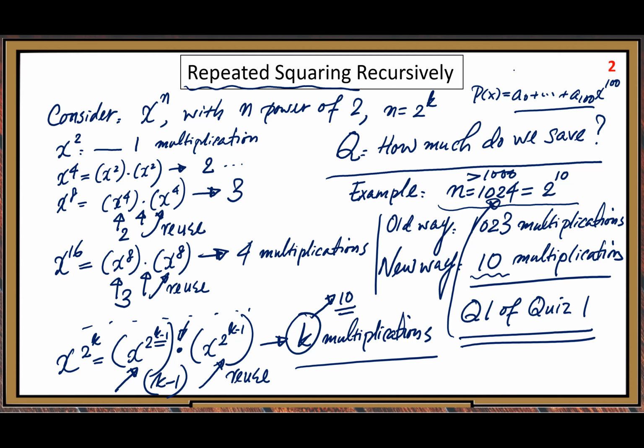That degree is only 100, much lower than 1000, but this polynomial needs 100 multiplications, while here you only need 10. Can you compare?